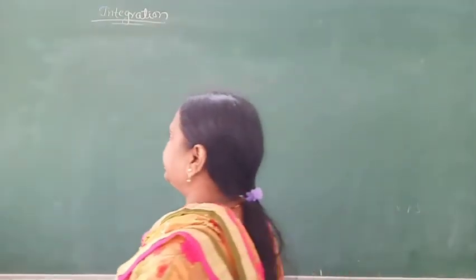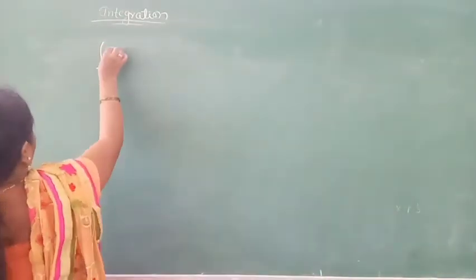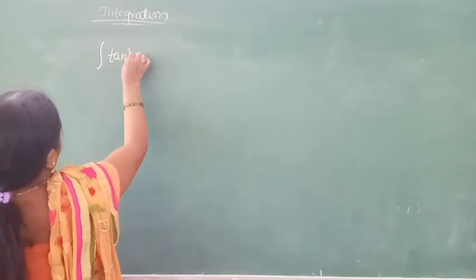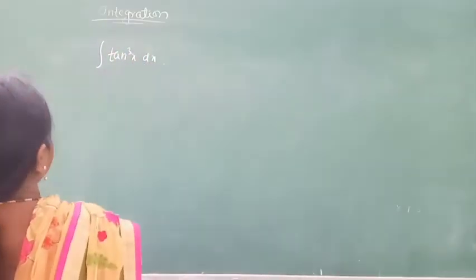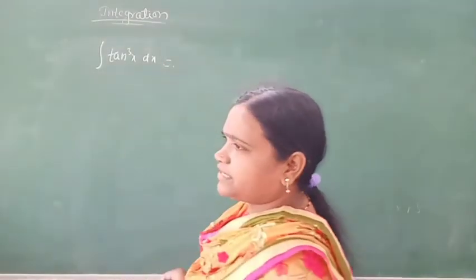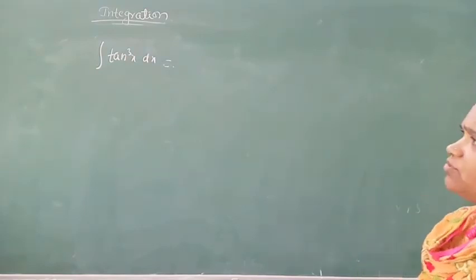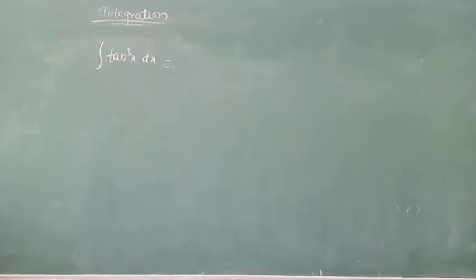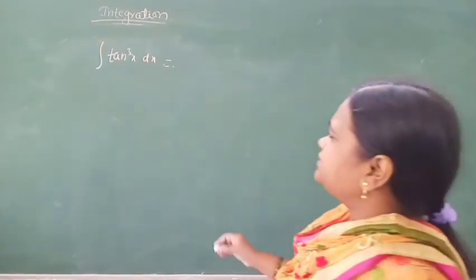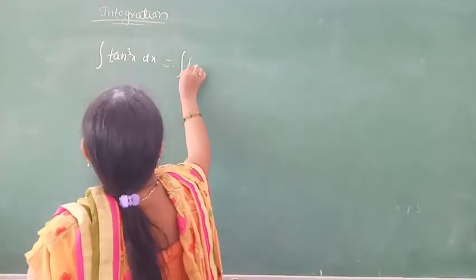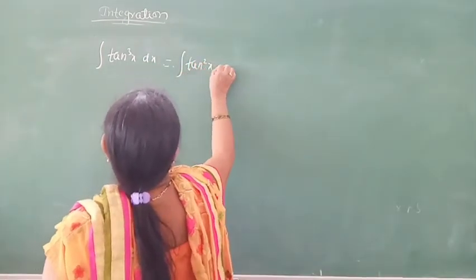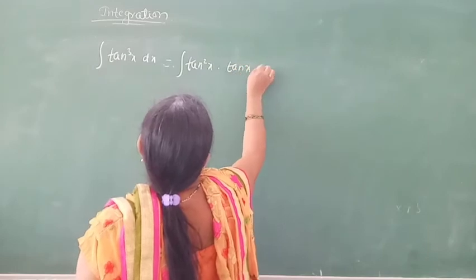Next I will take tan cube x. Integration of tan cube x dx. This one we don't have a formula like that. Of course it is there, but it is in the form of denominator and numerator, a little bit complicated. That's why we take this as a very simple one, tan square x into tan x dx.